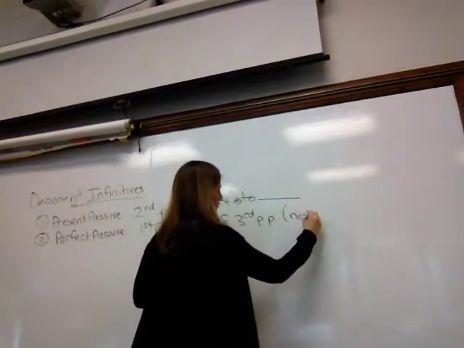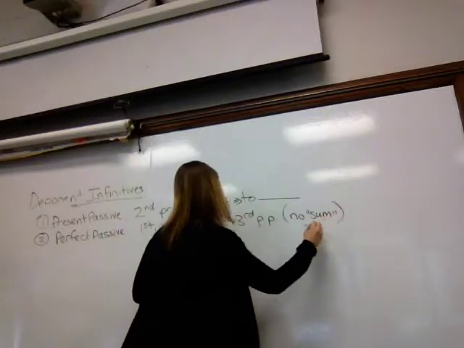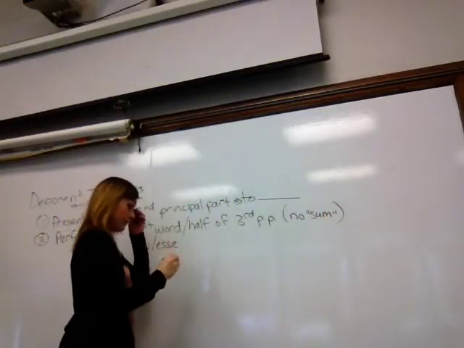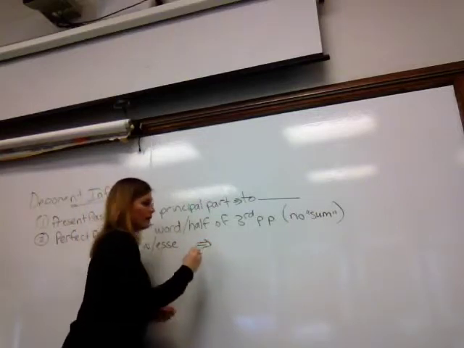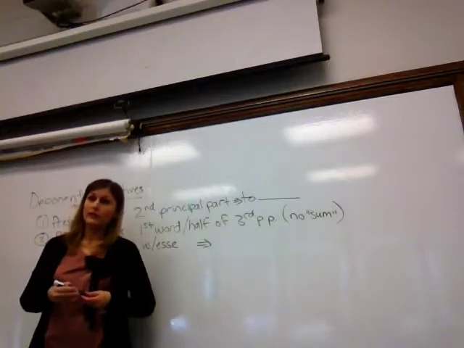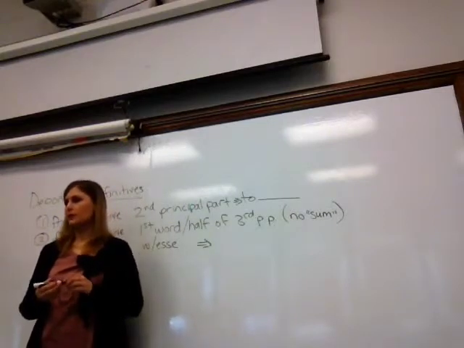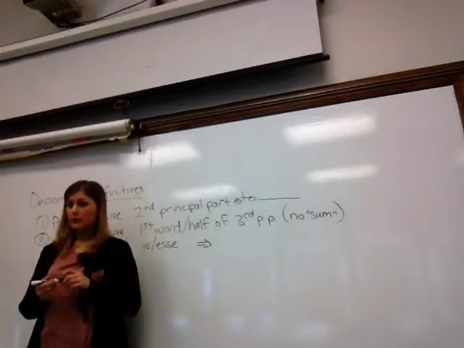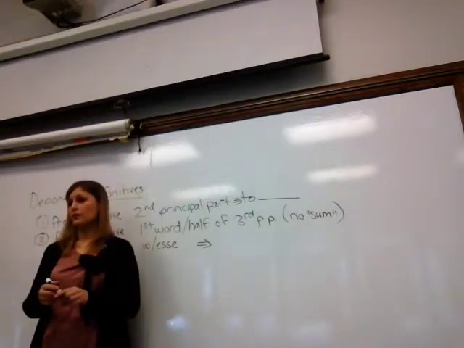No sum. Kick it out. You don't need it. With esse. And then how do you translate a perfect passive infinitive? Or perfect active infinitive, because it's deponent. That would be a participle translation.